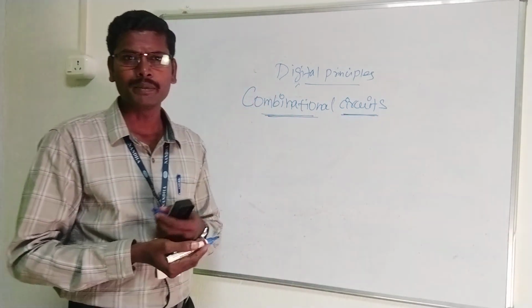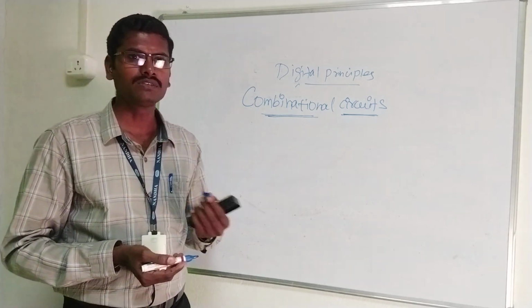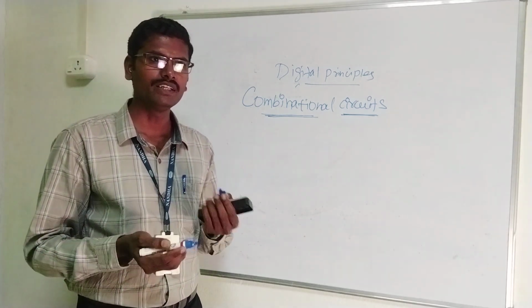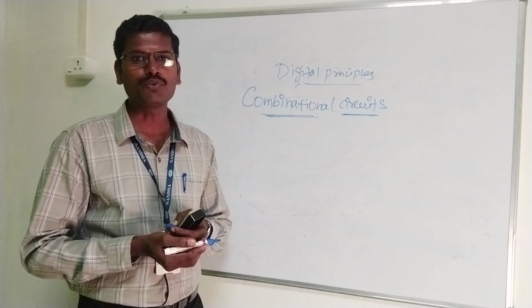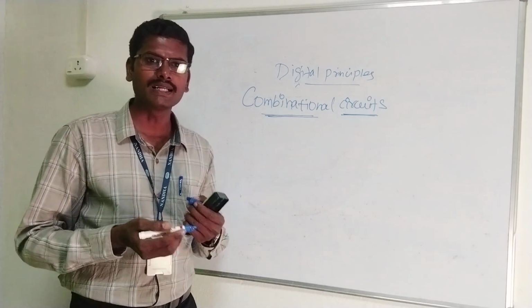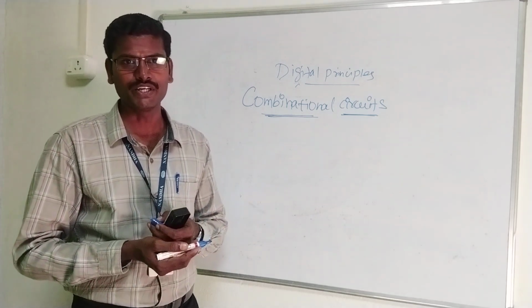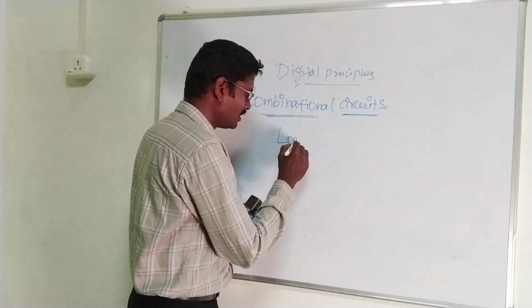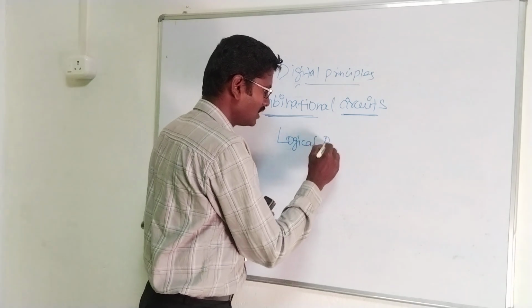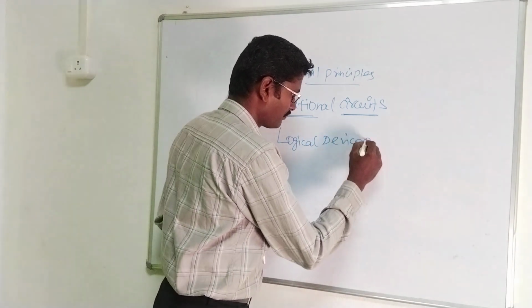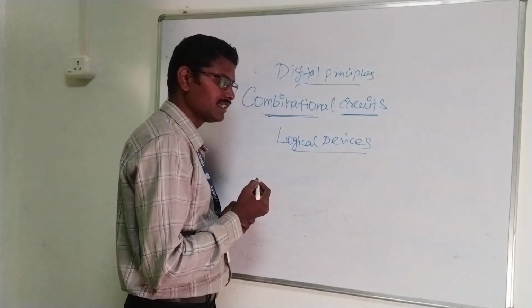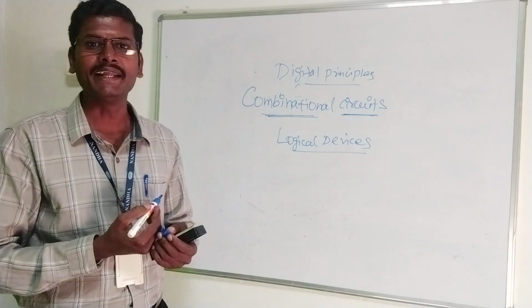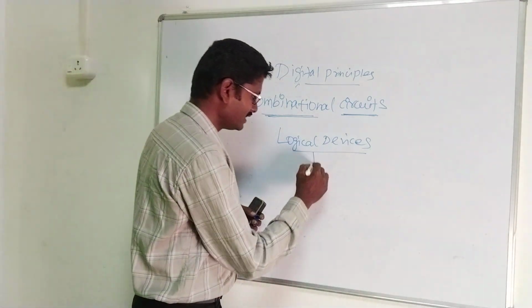So what do you mean by a combinational circuit? A combinational circuit is a circuit or a device which will perform some kind of arithmetic and logical operations with the help of logical devices. The logical devices are technically named logic gates.